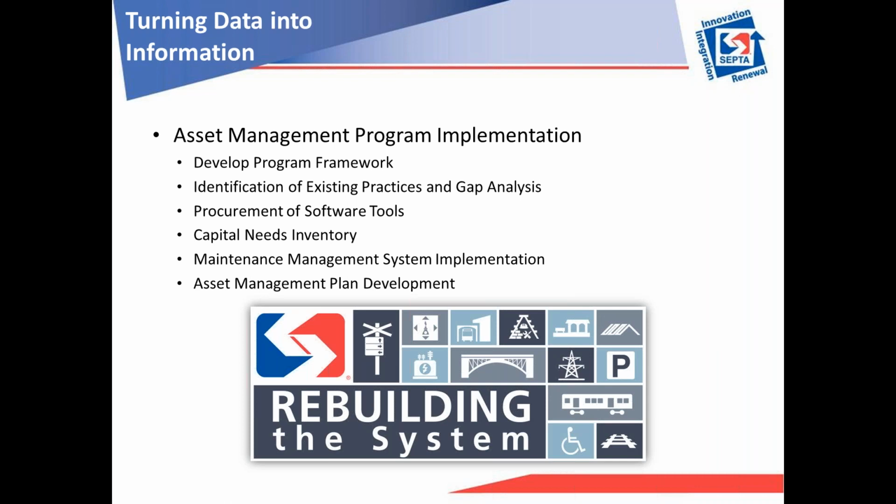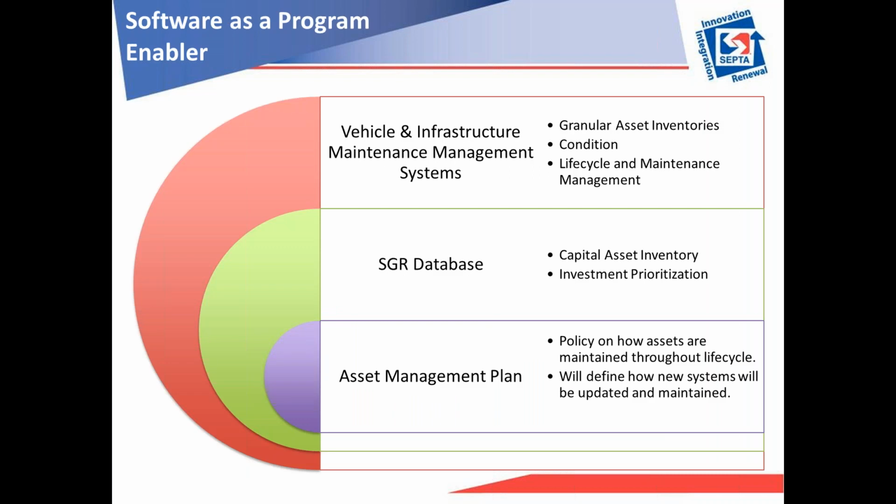We developed our capital needs inventory, which is a little different than our daily asset inventory. We're in the process of implementing our maintenance management systems, and we're in the process of developing our final asset management plan. Some of this we've waited a little bit to have the final MAP-21 recommendations from the FTA. They came out in July, and now we're just making sure everything that we're doing is in alignment with the plans that were given by the FTA.